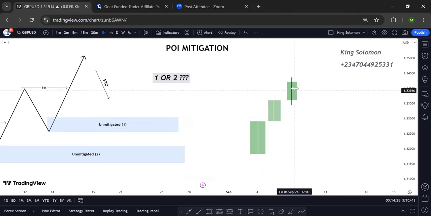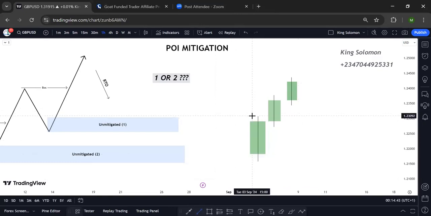So make sure that the order block you're marking has a fair value gap. And how do you identify a fair value gap? It's always the space between the high of the first candle and the low of the third candle when it comes to the buy. So how am I going to mark this out?